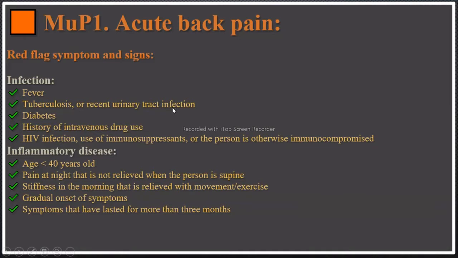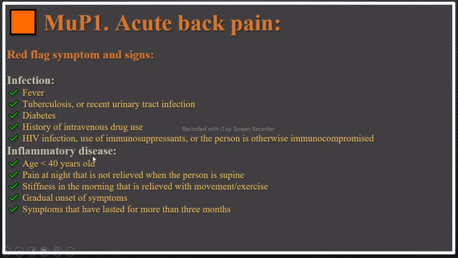So if the patient has pyelonephritis or UTI at any other site, it may be referred to the back, a spread of infection. Diabetes is a risk factor, history of intravenous drug use in the scenario. So think about infection, HIV infection, use of immunosuppressants, or the person is otherwise immunocompromised. So these are risk factors for infection.